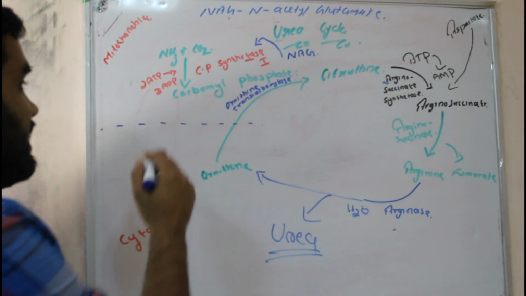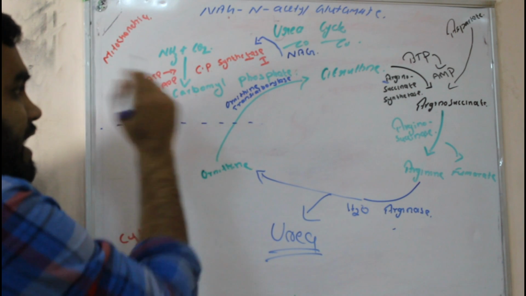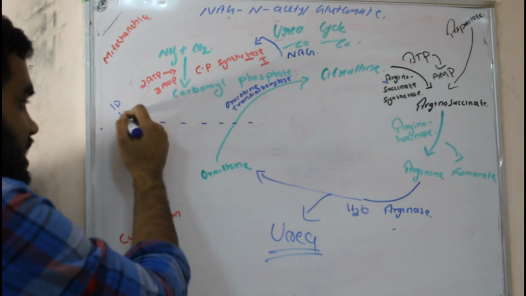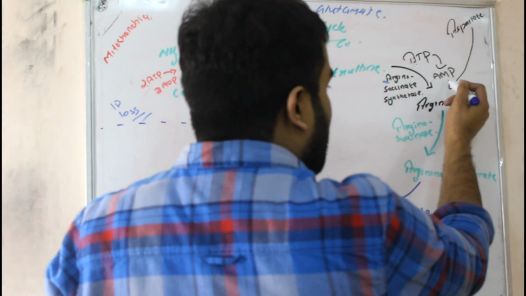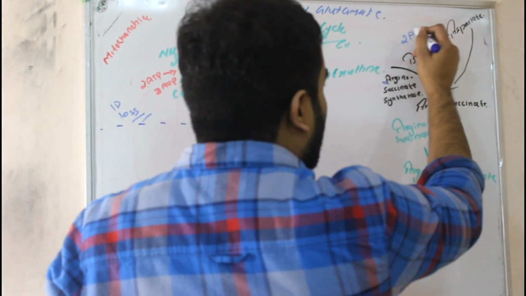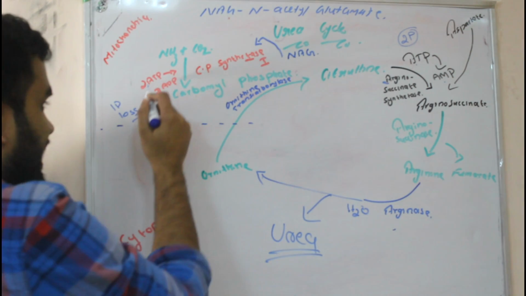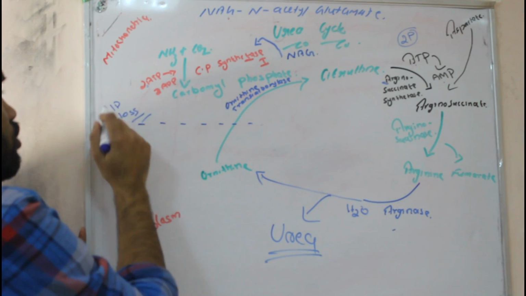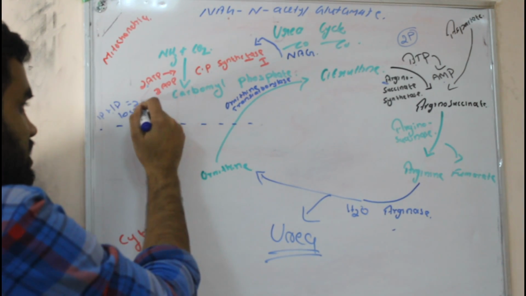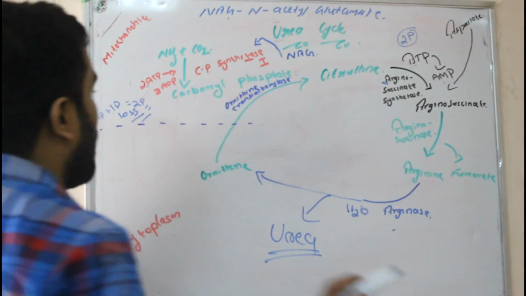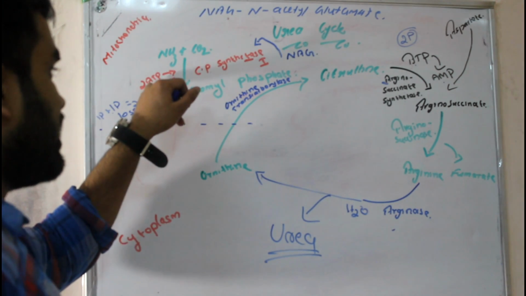Now, how many? See, 2 ATP are becoming 2 ADP here, so we are losing 1 phosphate from each. Here ATP is becoming AMP, so we are losing 2 phosphates. How many ATP are we using here? 2 ATP.